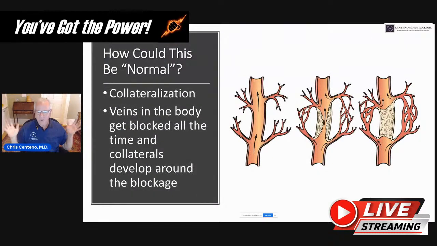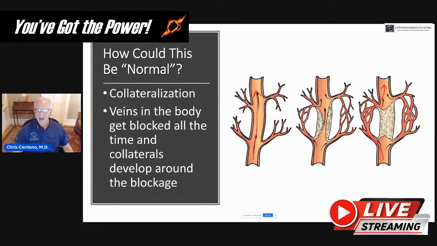So how could that be normal? This doesn't make any sense to me, right? You're probably saying to yourself, I don't get this. The doctor said it was abnormal. They want to operate on me or put in a stent. So how does that work? Well, it works through collateralization. We saw it on that patient's CT scan. When you've got normal flow, everything is good. But when that flow is blocked, the body creates other ways for the blood to get there.